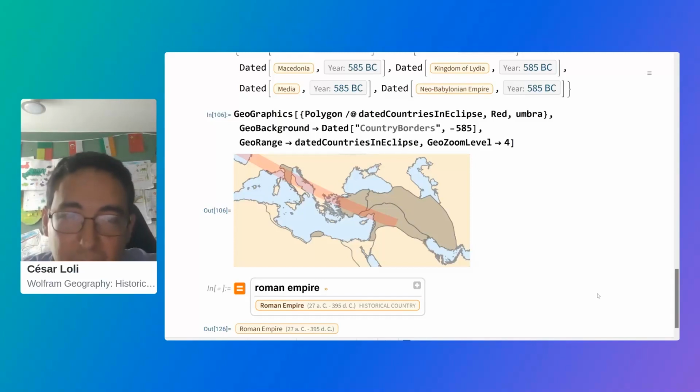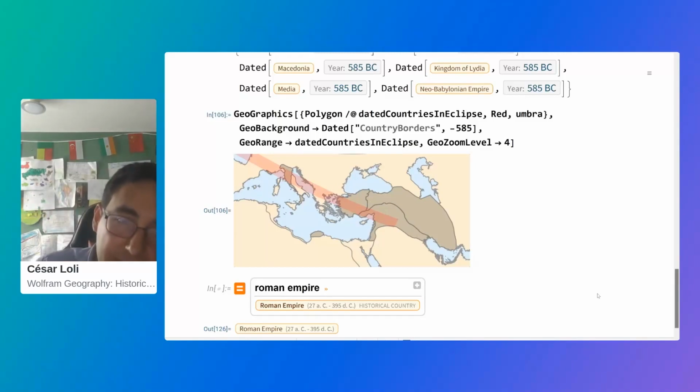Also, you can do the same stuff if, for instance, there are entities with similar names.